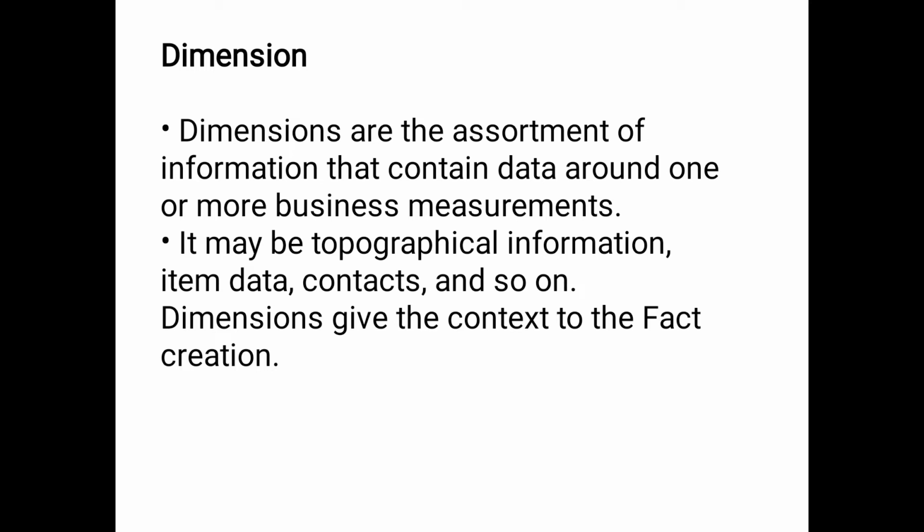Dimensions are the assortment of information that contain data around one or more business measurements. It may be topographical information, item data, contacts, and so on. Dimensions give the context to the fact creation.